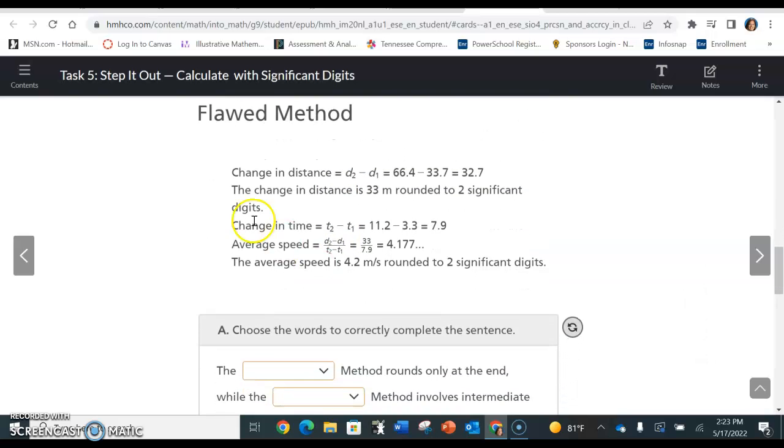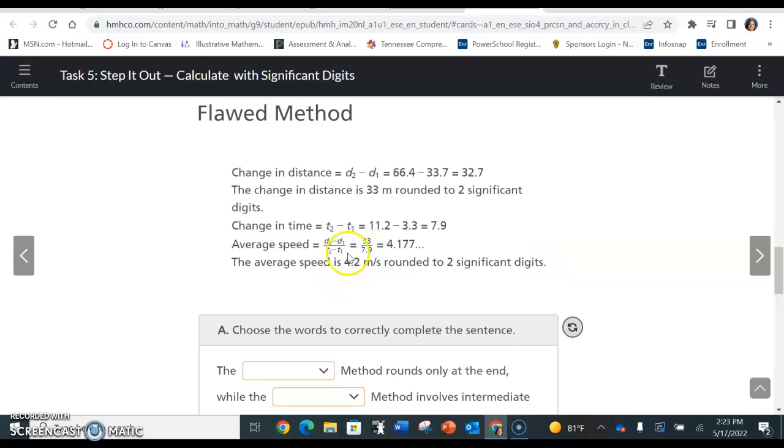All right, the flawed method. They find the change in distance, D2 minus D1, and then they round 32.7 to 33. So they rounded after the first step before they did the last calculation. Because they did that, the average speed is 4.2 meters per second, rounded to 2 significant digits.